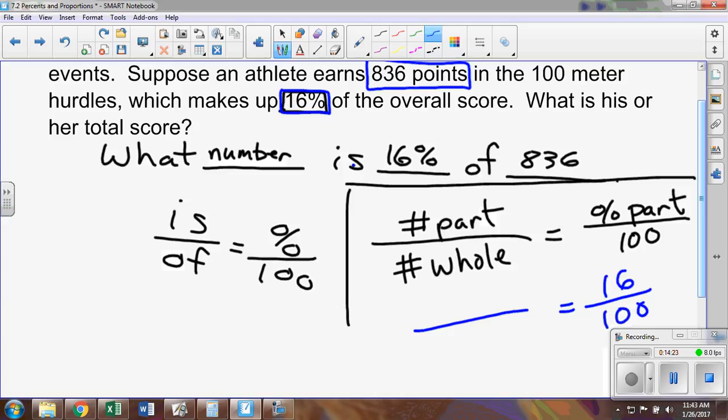Is 836 part of a score, or was it the total score? It was only part. It was the part that they got from the 100-meter hurdles. Recognizing that 836 is a number form for part of their score, it leads us to saying we're looking for their total score.